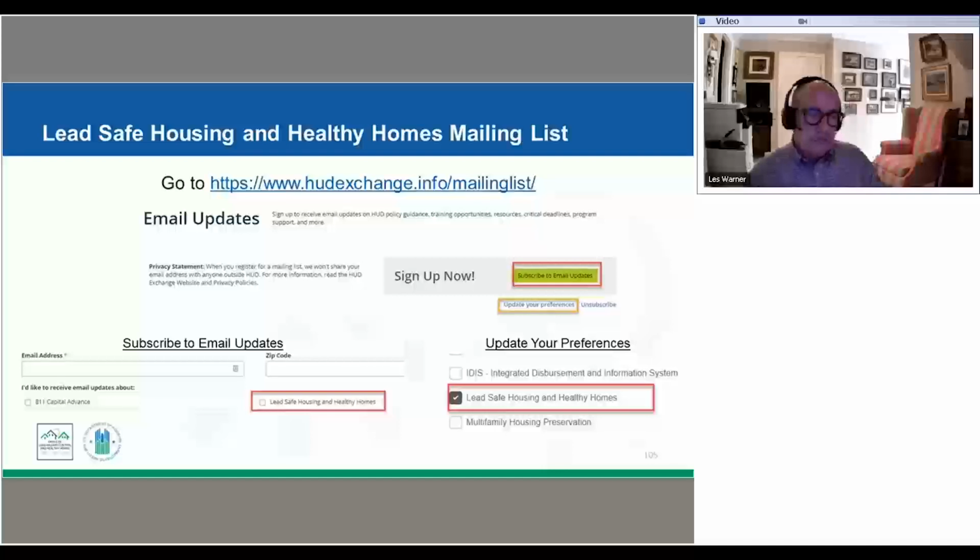And then we wanted to mention, we've been talking about a lot of these things being on the HUD Exchange, and we continue to have updates to this. I would assume a lot of you are registered on the HUD Exchange already, but once you've registered, you also have the ability to designate the topics that you are interested in and want to be notified on. By clicking on Lead Safe Housing and Healthy Homes, you would be subscribed.